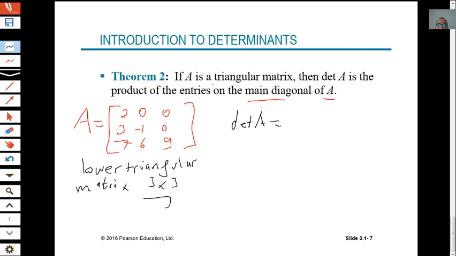According to the theorem, it is enough to multiply the entries on the main diagonal, namely 2 times -1 times 9. 2, -1 and 9 are the entries on the main diagonal. So we have -18. But let's check by using the general formula for the determinant of the matrix A.